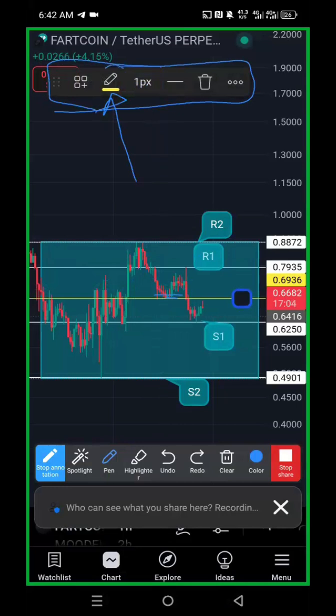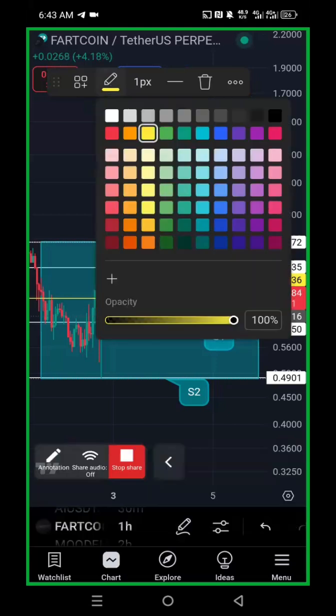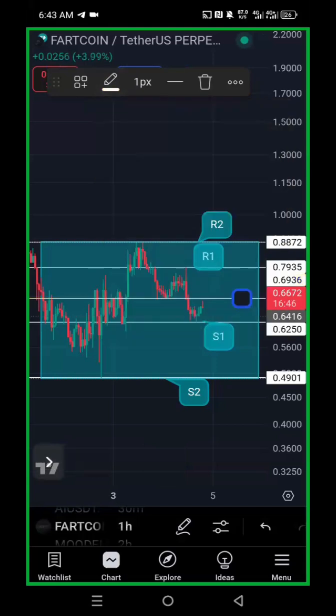So it's just a matter of tapping the pencil and choosing for yourself the color which you wish to see displayed here. So like I just tapped the pencil, like this, and then I changed the color to yellow. Normally, initially it was white. So I just changed it to yellow, like that. That's how you do that.